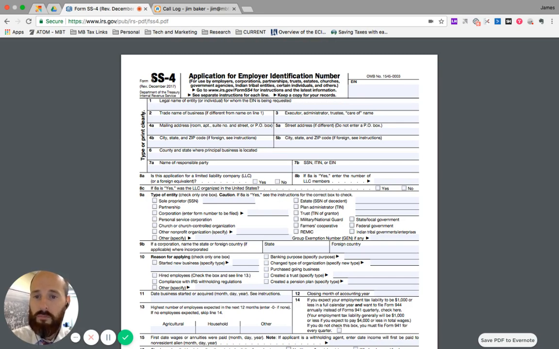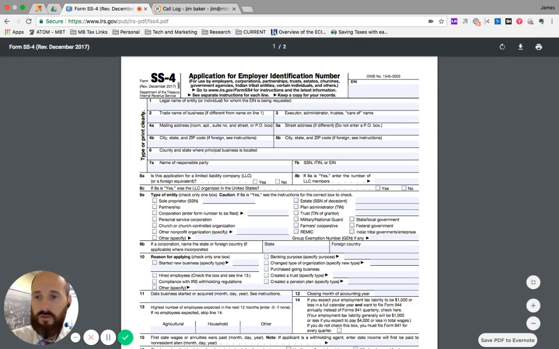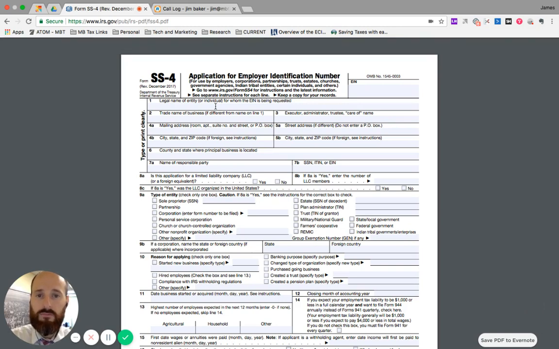So this is the form SS-4. You can Google it. That's all I did. It came up here. Well, let's take a step back. First, you need to set up your entity by getting articles, the corporate documents, the LLC documents from whatever state you decide to create your LLC in.